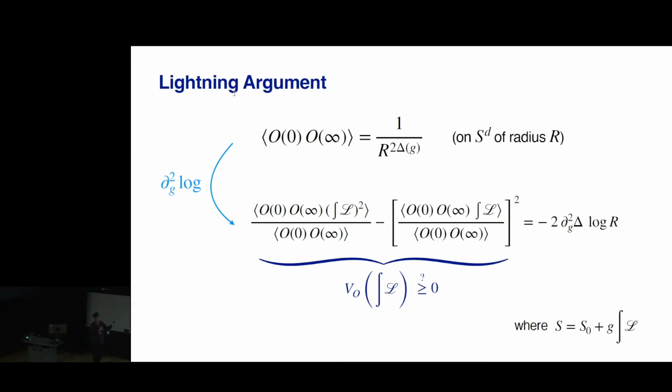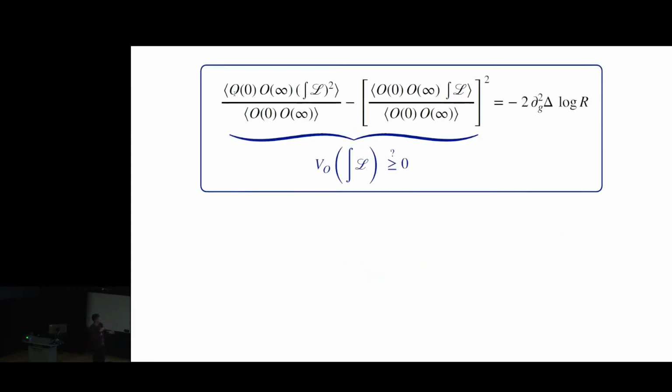So the derivative brings down integrated marginal operators, and on the right-hand side I get the second derivative of delta. On the left-hand side, I get this variance-type quantity. And so specifically, this is the variance of the integral of L in the O vacuum. So basically, it's just a kind of trivial consequence of unitarity that this should be positive.